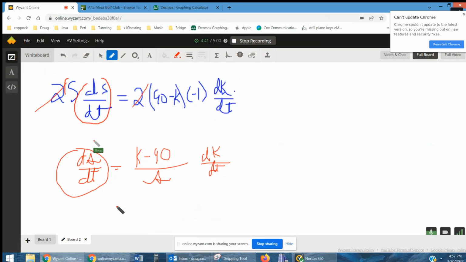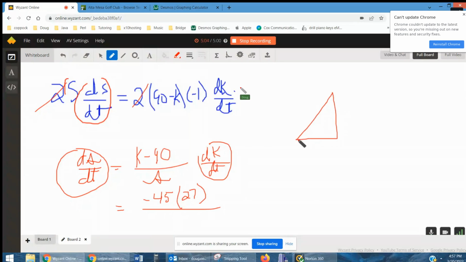Okay, so when k equals 45, we got a negative 45 in the numerator. We've got this 27 feet per second as dk/dt. The question is, what is s when k is 45? Well, here's the situation. This is 45.